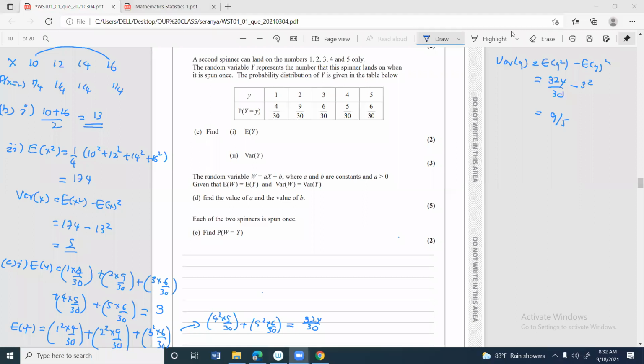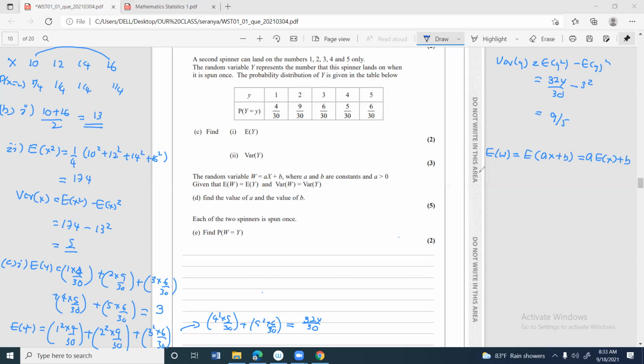The random variable W equals aX plus b, where a and b are constants. They have given E(W) equals E(Y) and variance of W equals variance of Y. Find the values of a and b. It's pretty simple. E(W) equals E(aX plus b), that is a times E(X) plus b.